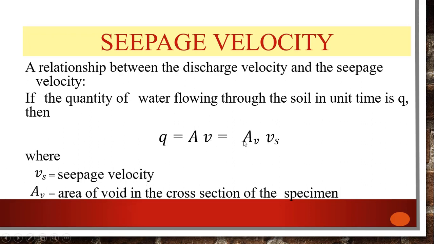which is equal to A suffix V into V suffix S, where this Vs is nothing but the seepage velocity and Av is the area of void in the cross section of the specimen.